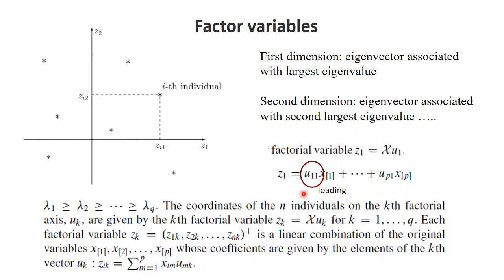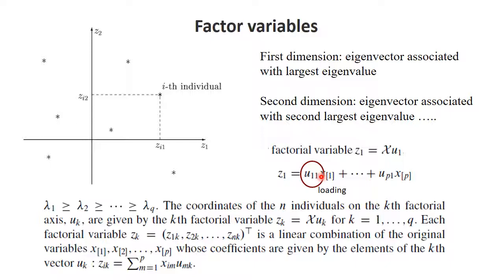A term that's used a lot in principal component analysis is the term loading. This is basically saying that in the first factorial variable, if this loading is large, then that means that this particular variable is going to be important. And that's something we need to take along in an interpretation, because that may have some particular meaning.